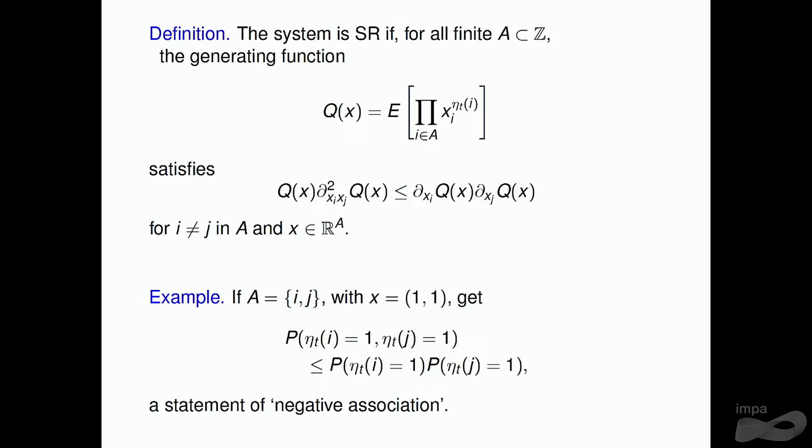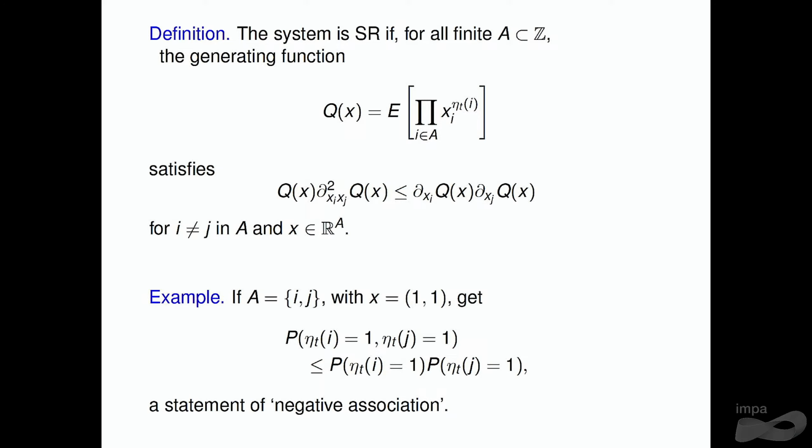Just to unpack this definition, if A is just 2 points, and you choose x as (1,1), then you see that this second derivative is the left-hand side, and the right-hand side is this product, which will be just 1 if x is (1,1). So you see that the usual negatively correlated definition is part of this.